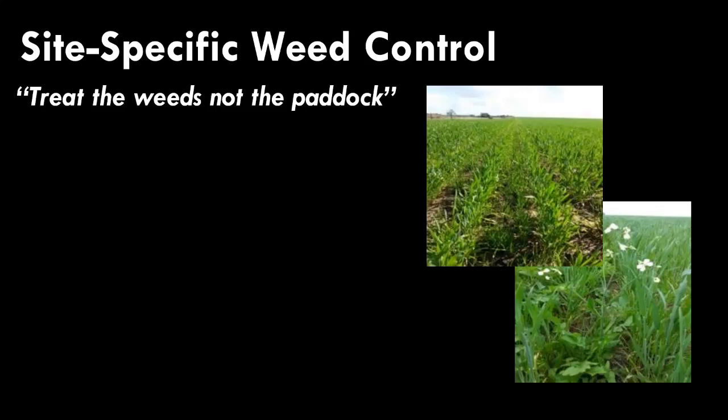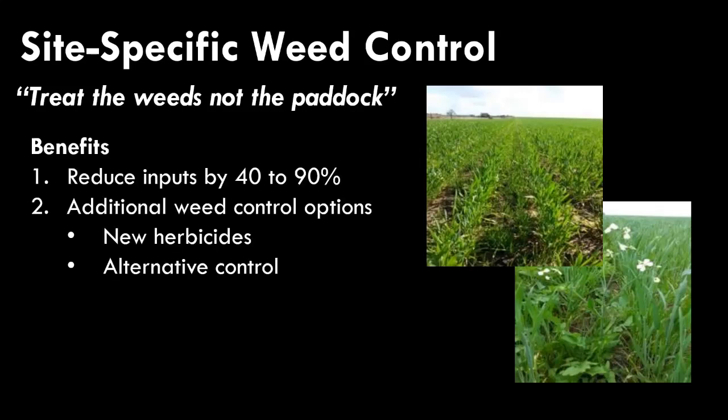Because of this, site-specific weed control is all about treating the weeds and not the paddock. For those not familiar, a paddock is just a field, but basically it's treating plants on an individual basis as opposed to a whole field unit area type treatment. And the benefits are quite profound.